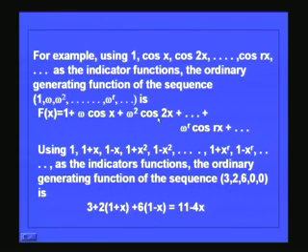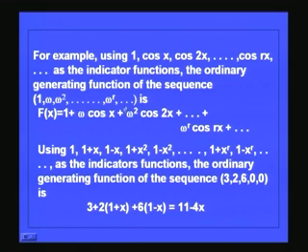So for omega r you will have cos r x. So the expression is 1 plus omega cos x plus omega squared cos 2x, etc., omega power r cos r x. This is the ordinary generating function for the sequence 1, omega, omega squared, etc., using the sequence 1, cos x, cos 2x, cos r x as indicator functions.